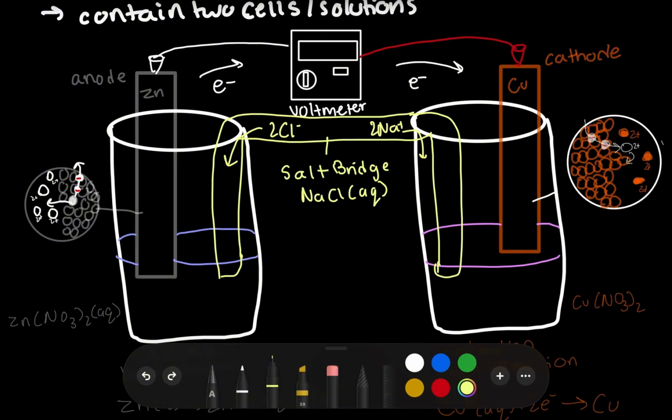Now, in these little bubbles that we see here, it's telling us what's happening inside the metal. And right now what we're seeing is that there are electrons, or these negative symbols, exiting the cell. So that means it's losing electrons.